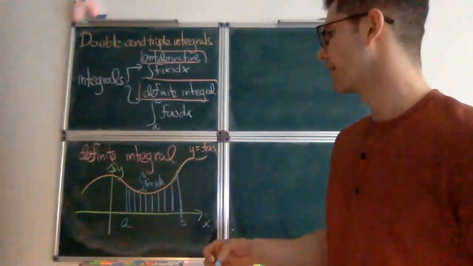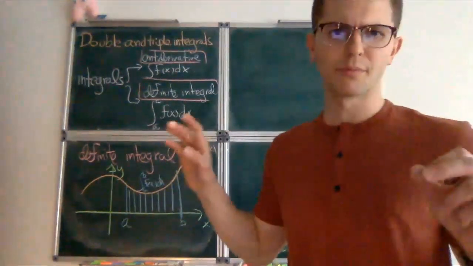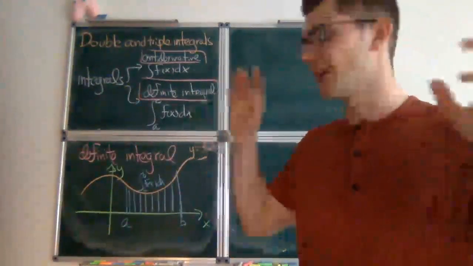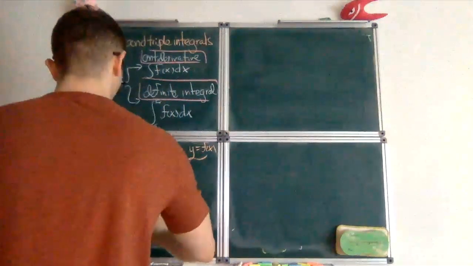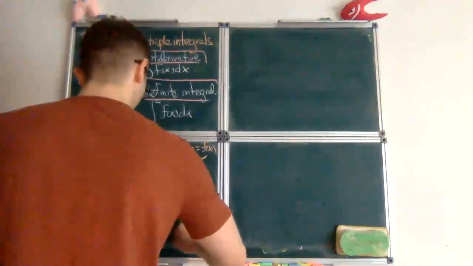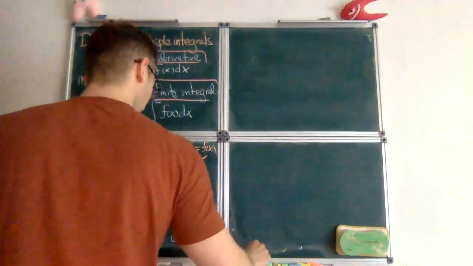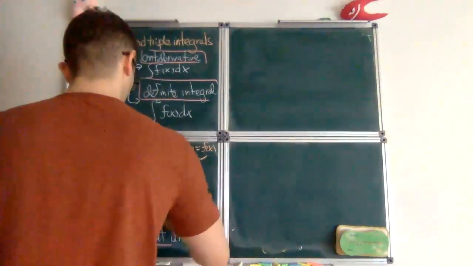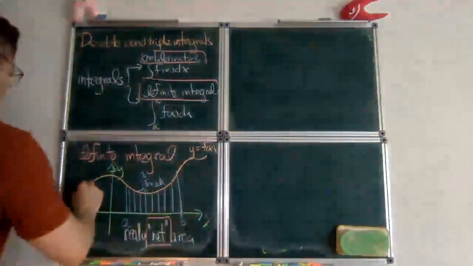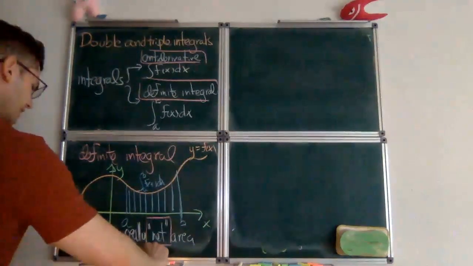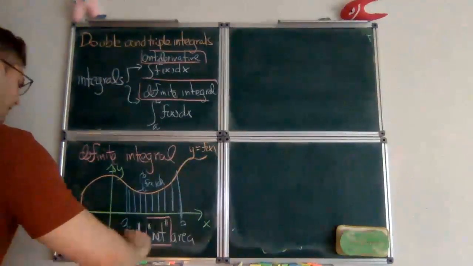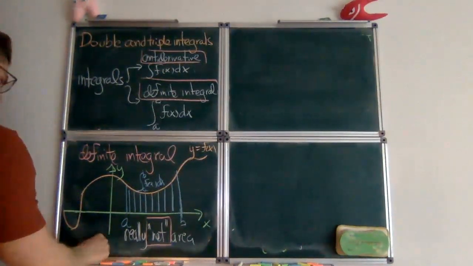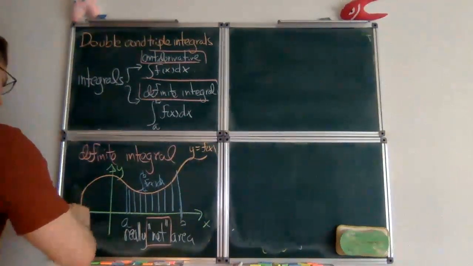And in general, as you may remember, this is more accurately a form of net area. Because the point was, for example, that if the function crosses the x-axis and becomes negative, then this piece of area would be counted negatively, and this piece of area would be counted positively.